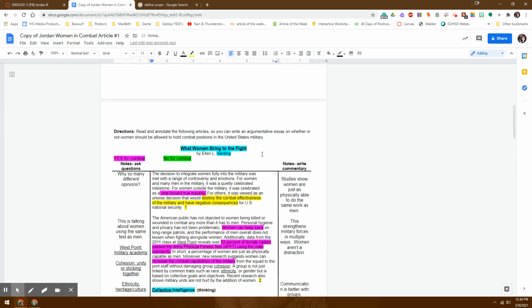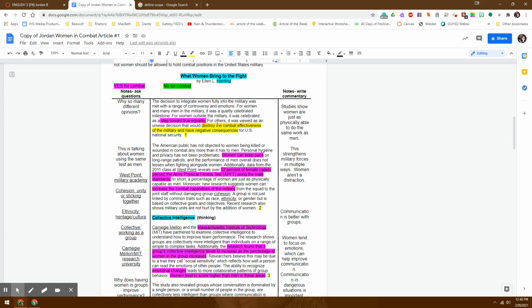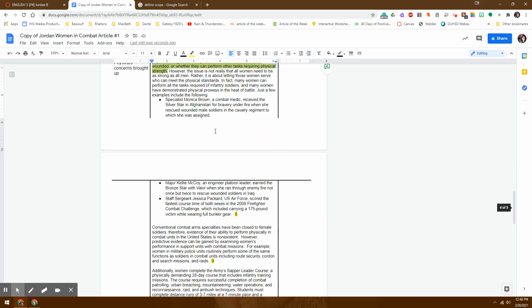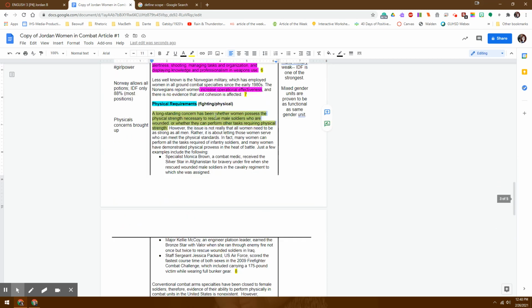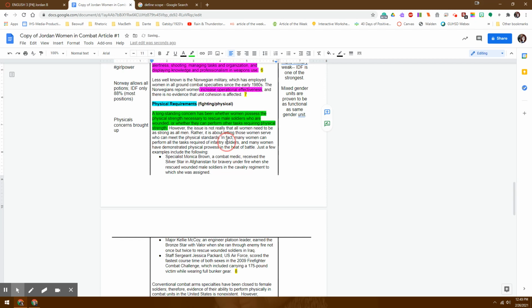Okay, and if we go all the way back up to, in the green, I'm going to highlight it in green. I've been doing the wrong color. Oh my gosh. Guys, I'm sorry. This should be green. Been hitting the wrong color. So I'm going to make that green because this is a very negative piece for why women should not be in military combat positions.